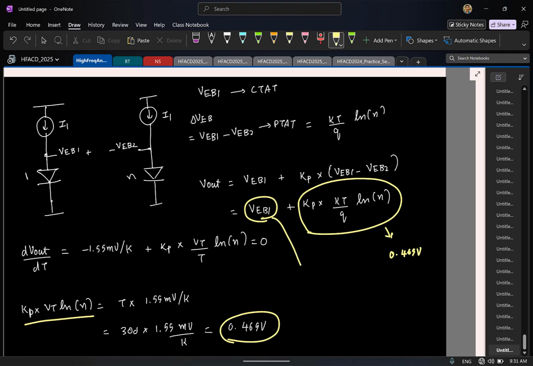And what is VEB1 approximately? How much is this voltage approximately? 0.6, 0.7, let's say 0.65. So if I sum up these two, what do I get? Roughly, the output voltage you get here finally will be approximately 1.12 volt.